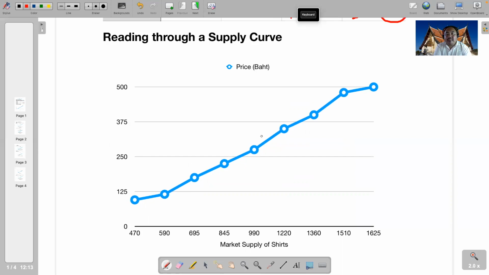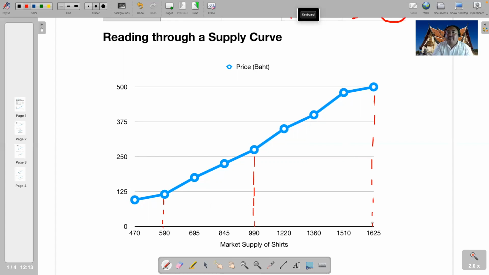At the price level of 275, there will be 990 shirts supplied in the market. And at 500 baht, you will again see that the quantity of shirts available in the market is 1,625.